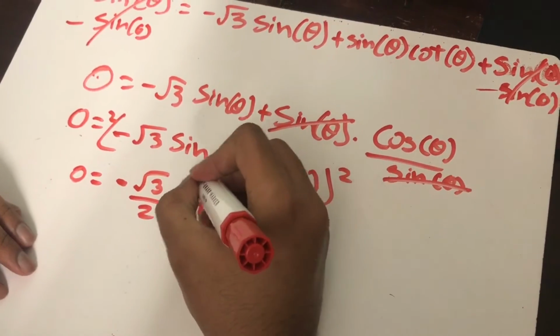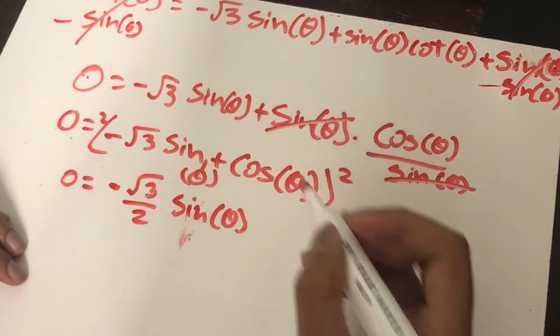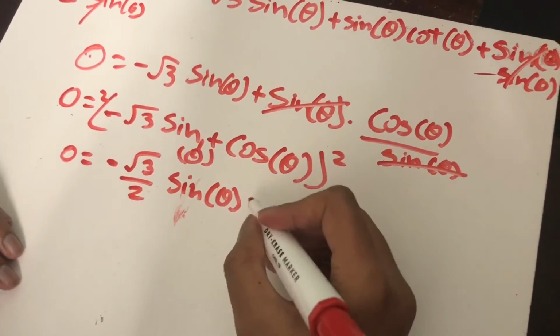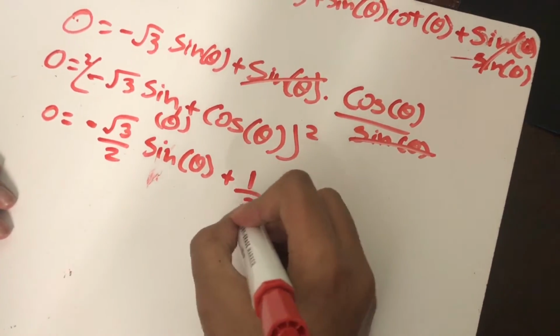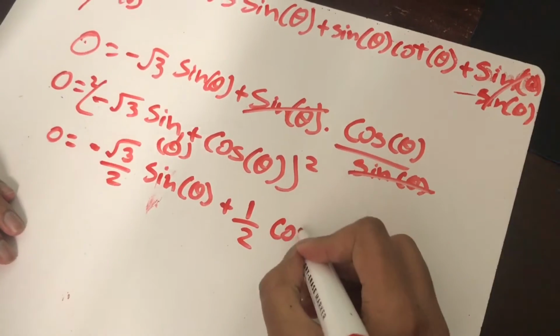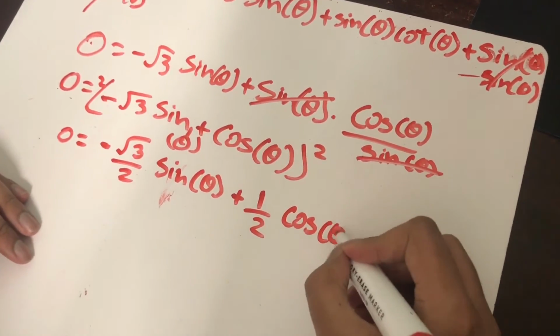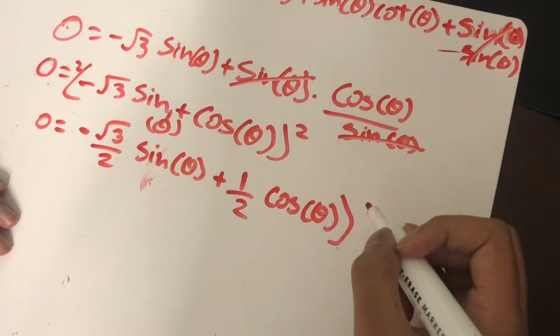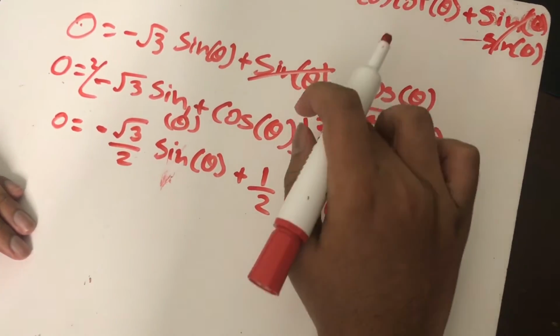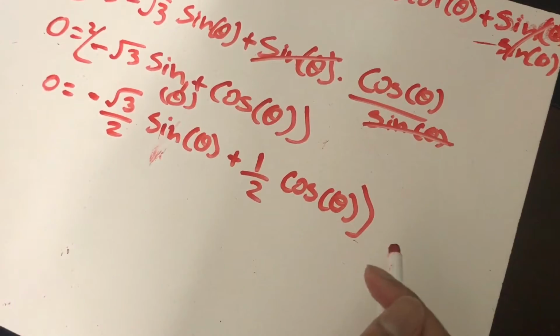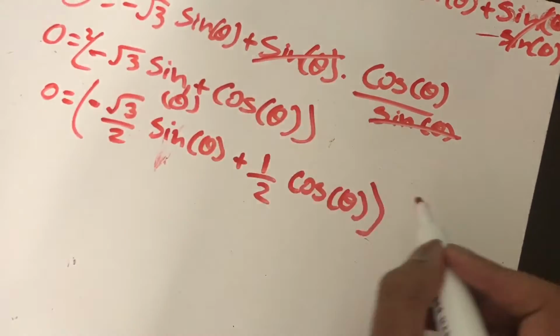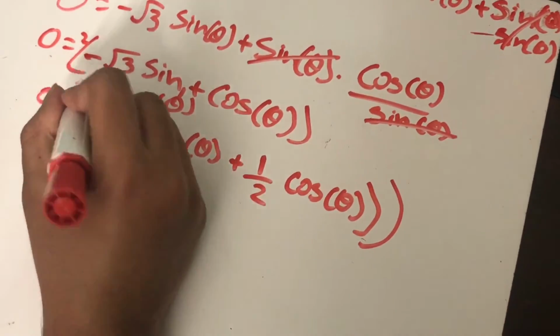There's supposed to be theta over here, but then plus 1 over 2, then cosine of theta.